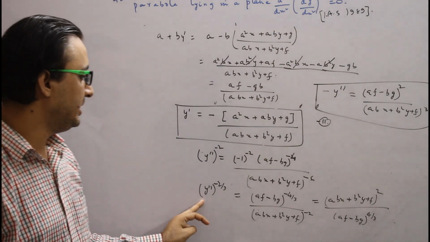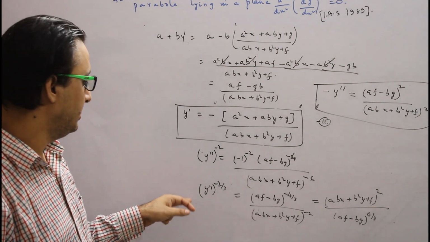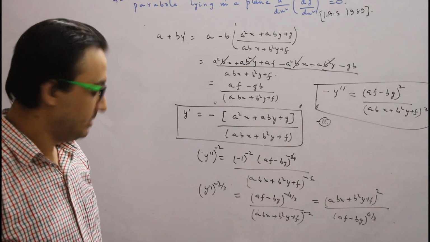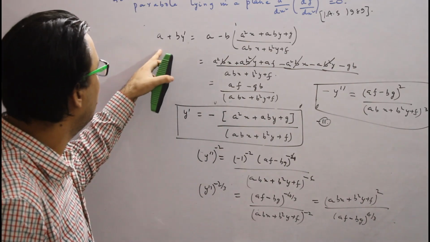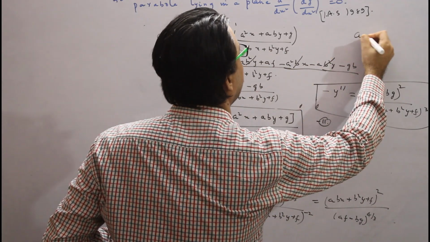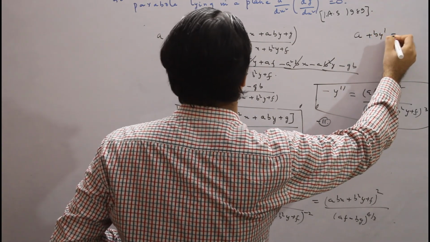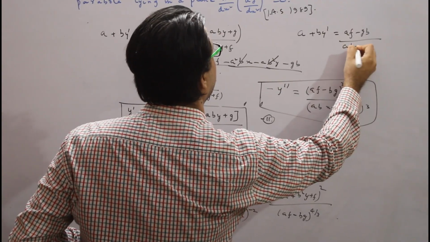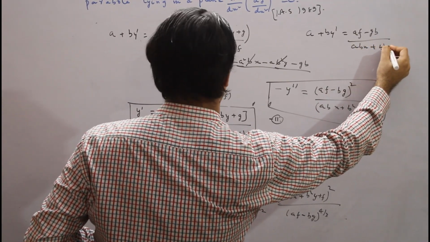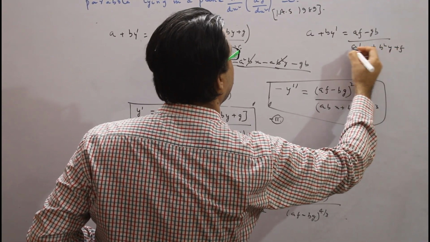Now I will differentiate this one once more with dx. Okay, and I will be using this important point, that is a + by' is equal to (af - bg) divided by (abx + b²y + f).